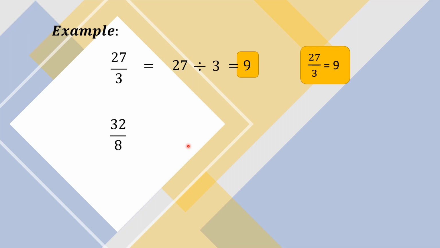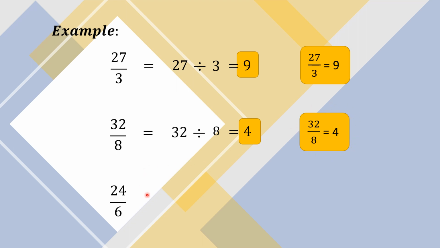Let's go to another example. So as you can see, you have 32 over 8. Okay, the same. You're going to divide the numbers. 32 divided by 8 is equal to 4. Okay, there you go. Next example, we have 24 over 6.